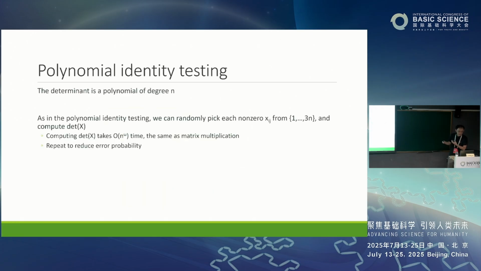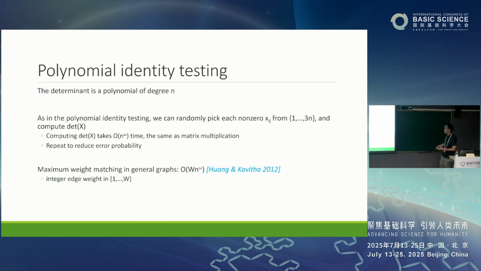That is, we assign each variable a random value and compute its determinant, and we know that computing the determinant takes n to the omega time. We can also repeat to reduce the error probability. So by computing the determinant, we can solve the matching problem.